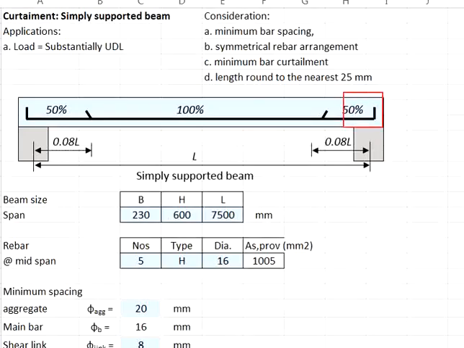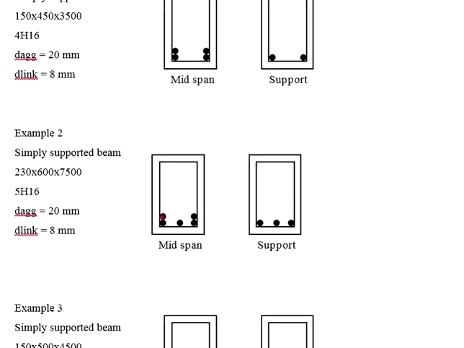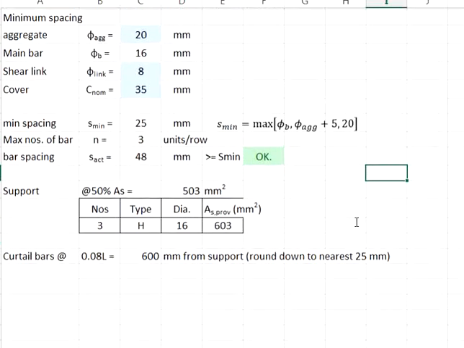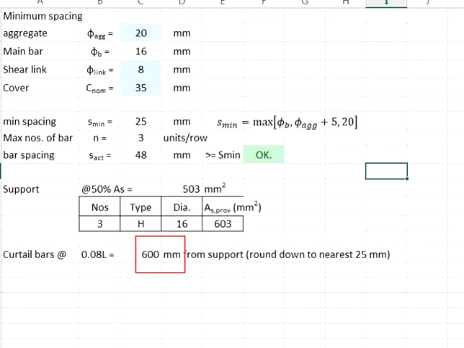And near the support here, 2 reinforcement bars shall be curtailed, leading to these arrangements of the reinforcement bars at the support, constituting 60%, which is greater than the requirement of 50%. And the curtailed location will be at 0.08 times the effective length, which is 600 mm from the support.